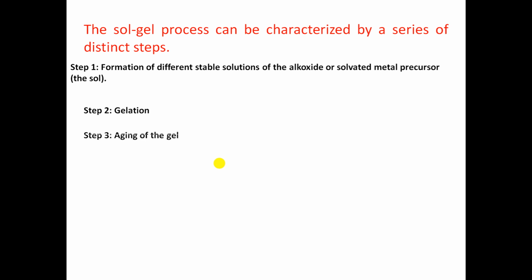Third step is aging of the gel, during which polycondensation reactions continue until the gel transforms into a solid mass, accompanied by contraction of the gel network and expulsion of solvent from the gel pores.